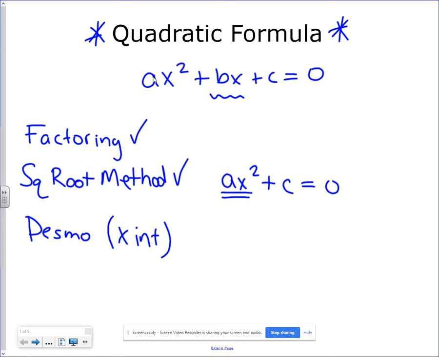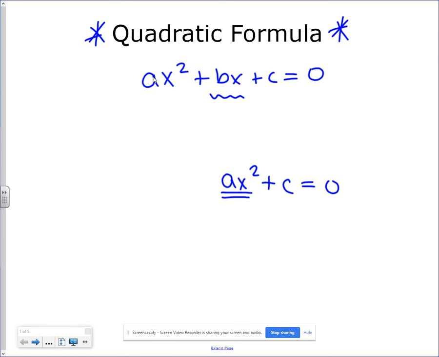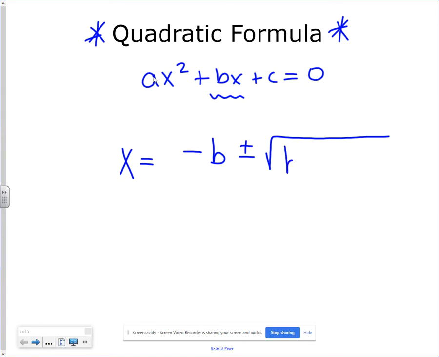So let me show you the quadratic formula. To solve for x, it says x is equal to negative b plus or minus the square root of b squared minus 4ac. All of this is over 2a. Okay? So there's two formulas up here that are very important to know.